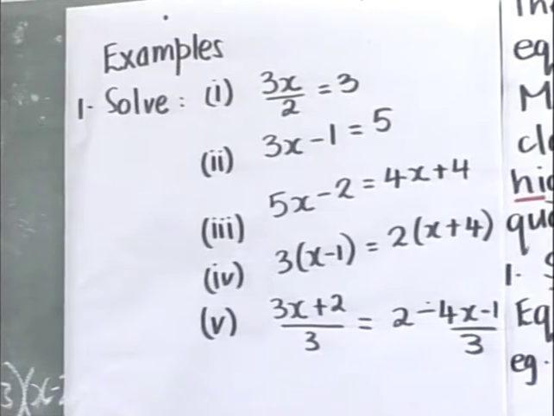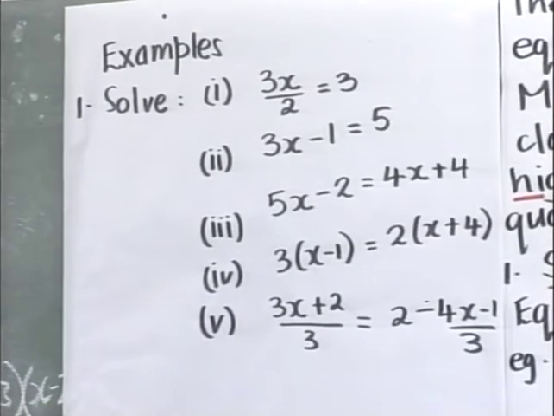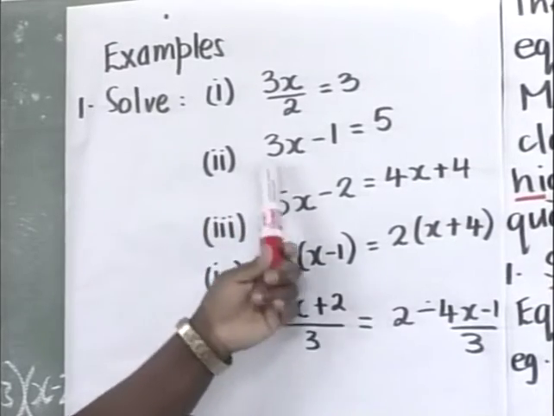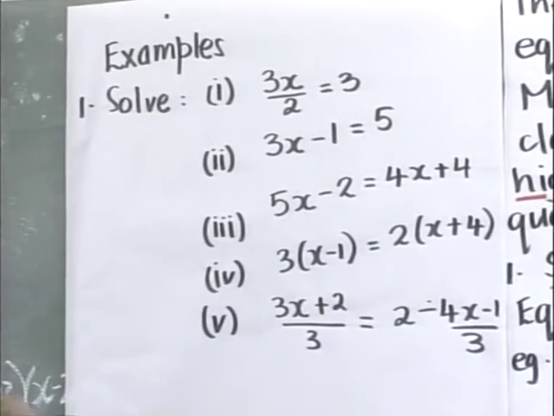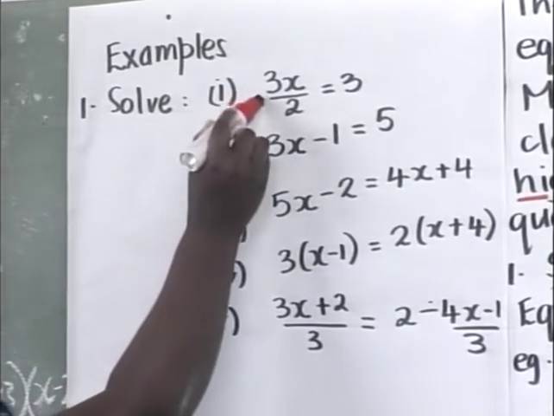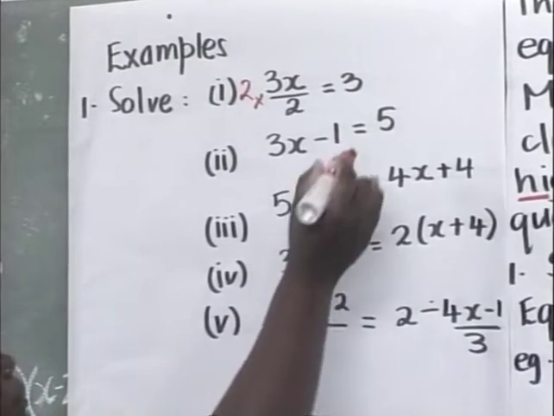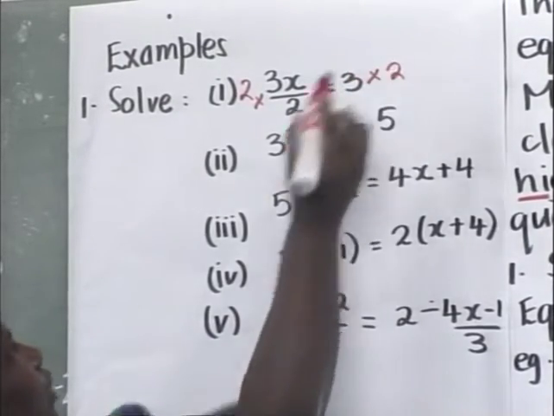Now, I've got 5 examples on the board. The first one is 3x over 2 is equal to 3. Since I am dividing 3x by 2, I have to multiply on both sides of the equation. So I multiply this by 2, and I multiply the other side by 2 as well.